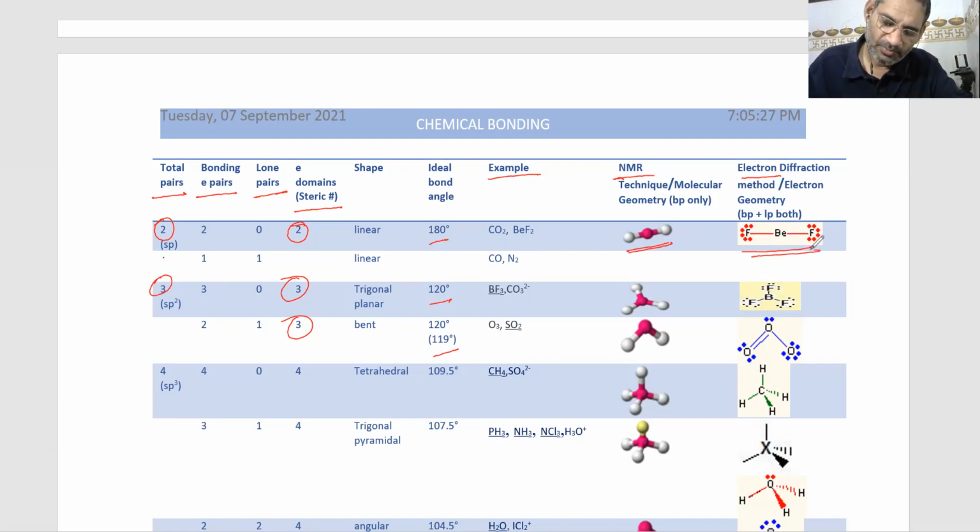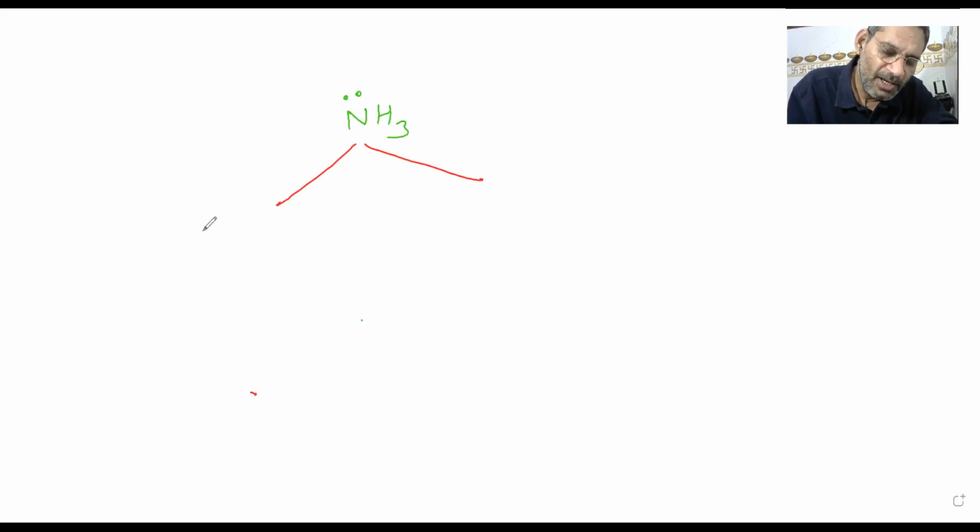Now I'll tell you this also. See, I'll take NH3 as an example. In this NH3, first, how many lone pairs plus bond pairs are there? This is one technique.